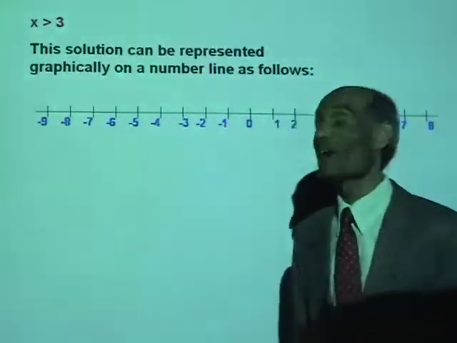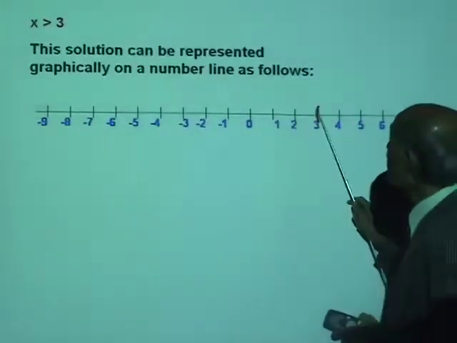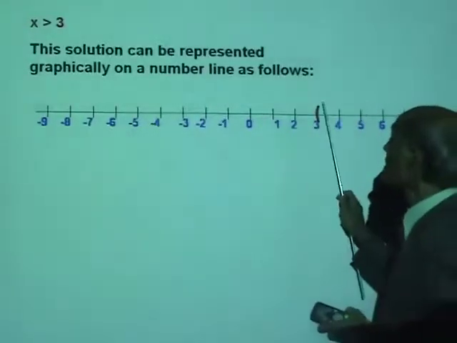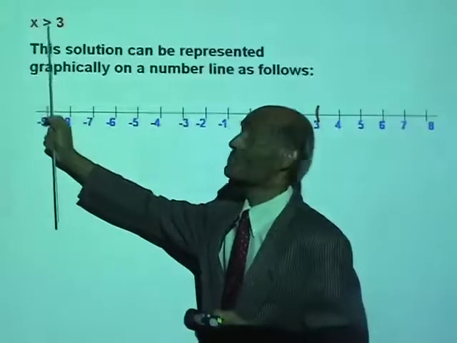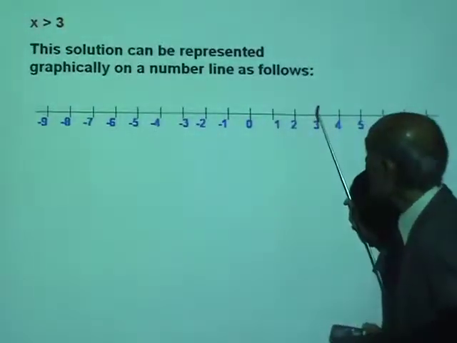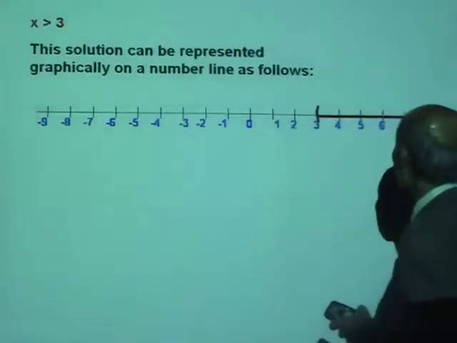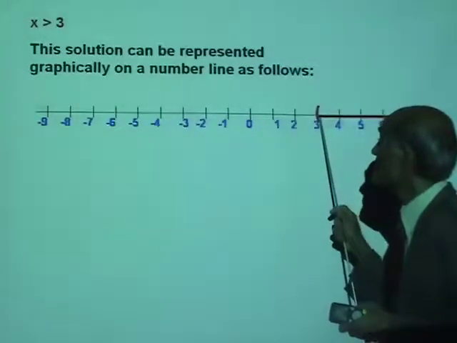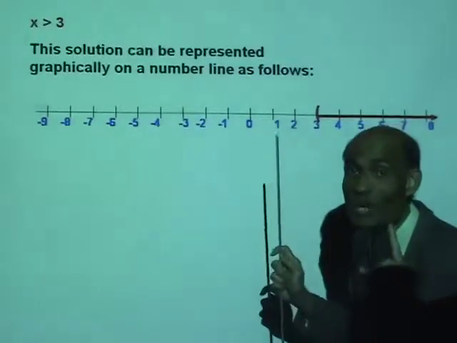And look at the way I'm going to represent that on the number line. I will put a parenthesis at x equal to 3 facing right, because look at the way the inequality is facing. It is facing right. So put a parenthesis at x equal to 3 facing right and put an arrow, which means any number from 3 but 3 not included.